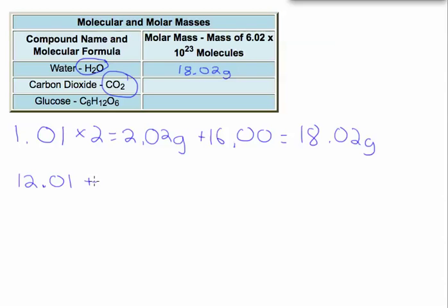And we have 2 oxygen atoms, and we said above that oxygen is 16.00 times 2. That gives us 32. So when we add 32 to 12, we get 44.01 grams for 1 mole of carbon dioxide, or 6.02 times 10 to the 23rd molecules.